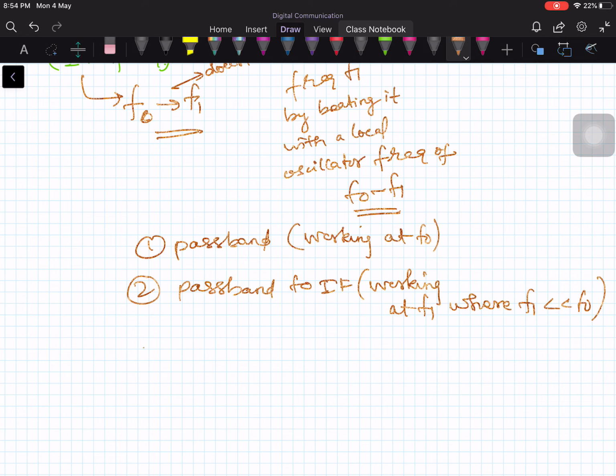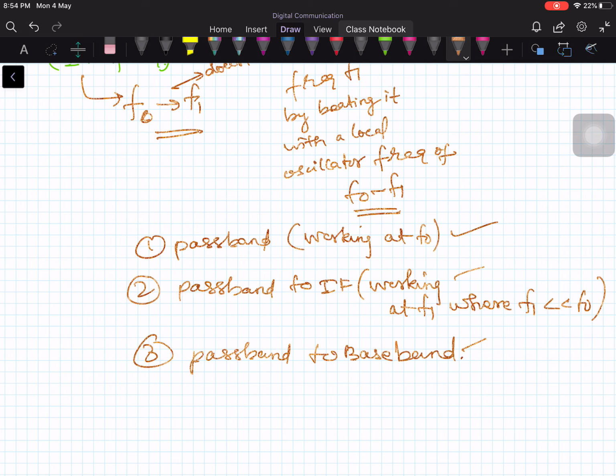This is the second method. Or one can say, I don't want to go to the intermediate frequency, straight away I will bring it back to baseband. So passband to baseband itself. Out of these three methods you can use any one, whichever you like.